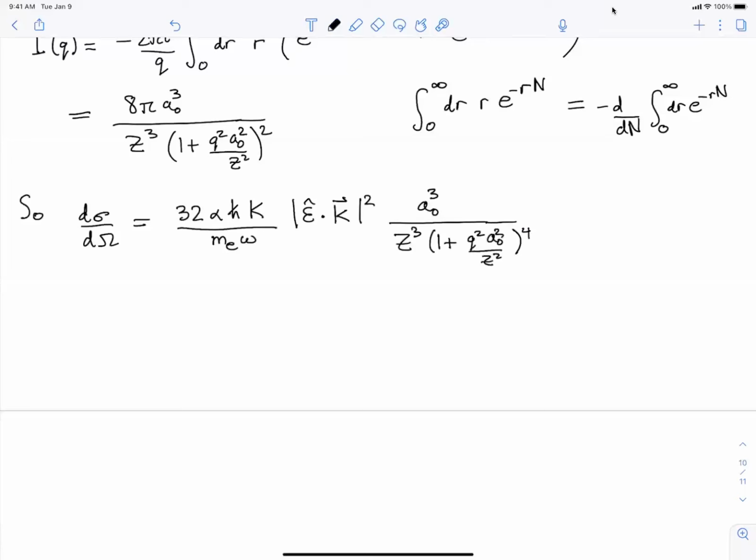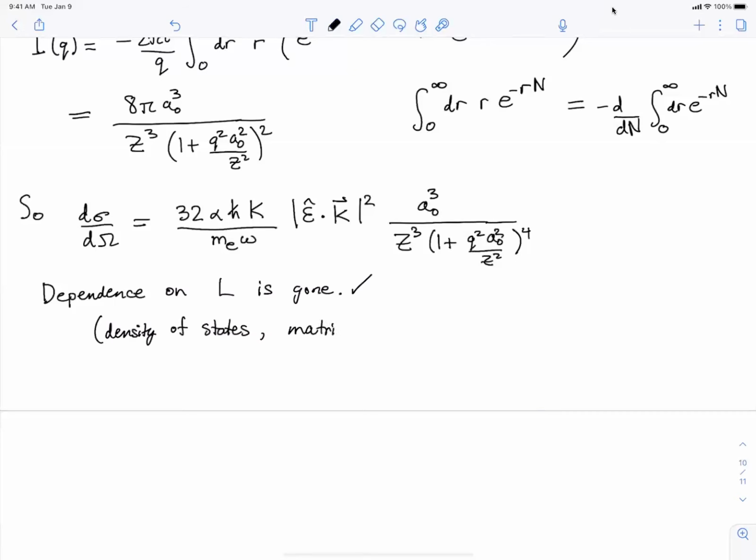Okay, so good things to notice about this. As promised, the dependence on L is gone. That's a good thing. It doesn't matter whether we used a box of length 1 light year or 5 light years. Okay, and in doing that, there was a cancellation between the density of states and the matrix element.